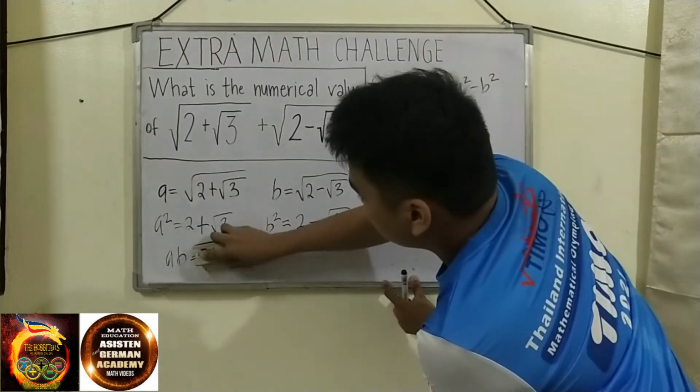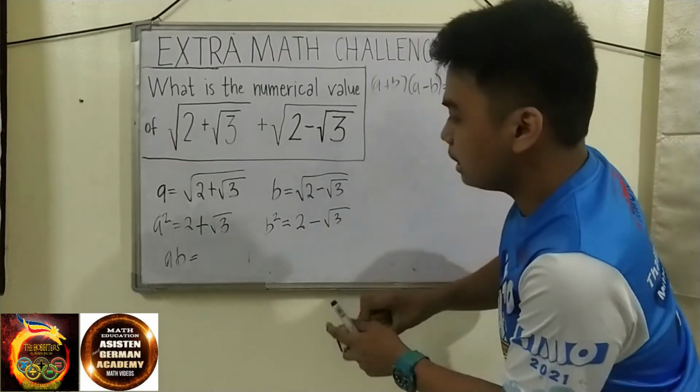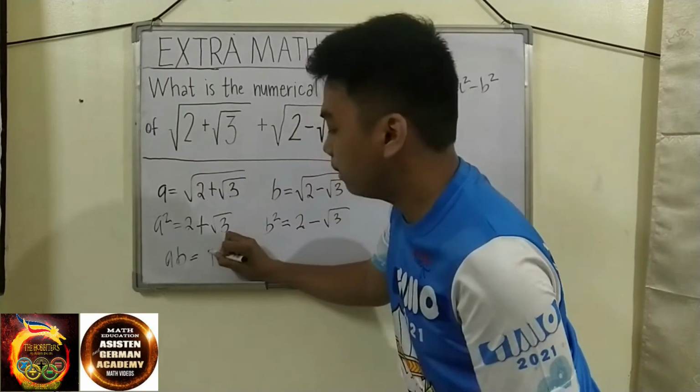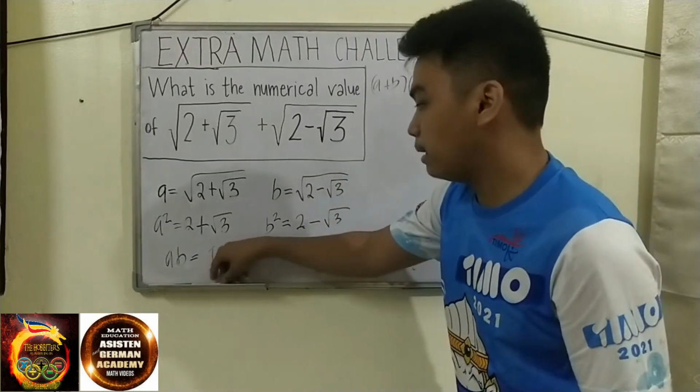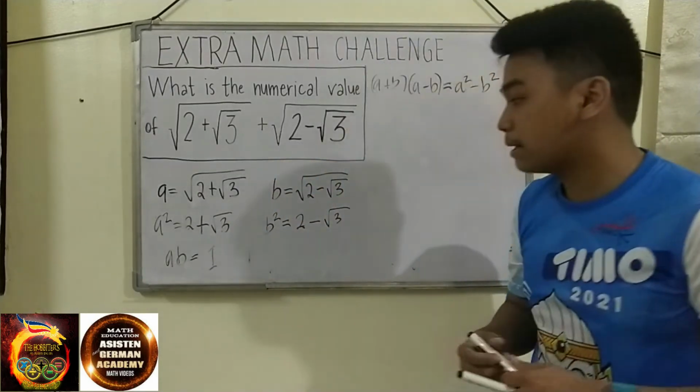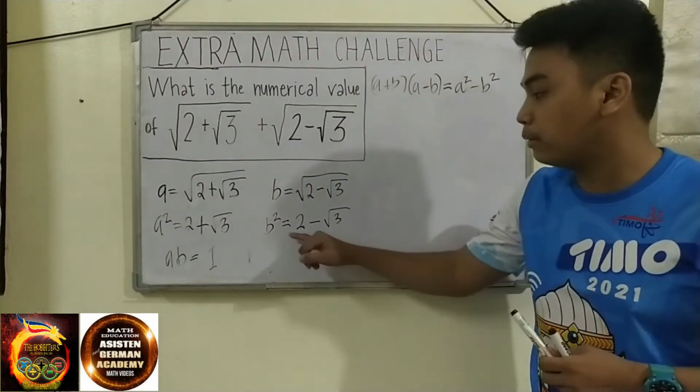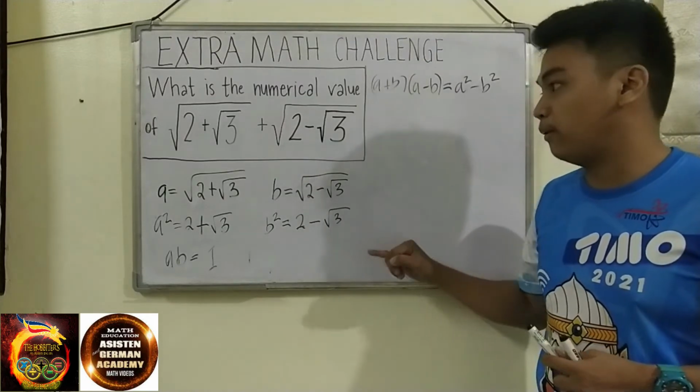Okay, remember that AB is equal to 1. And our A squared is equal to 2 plus square root of 3, and B squared is equal to 2 minus the square root of 3.